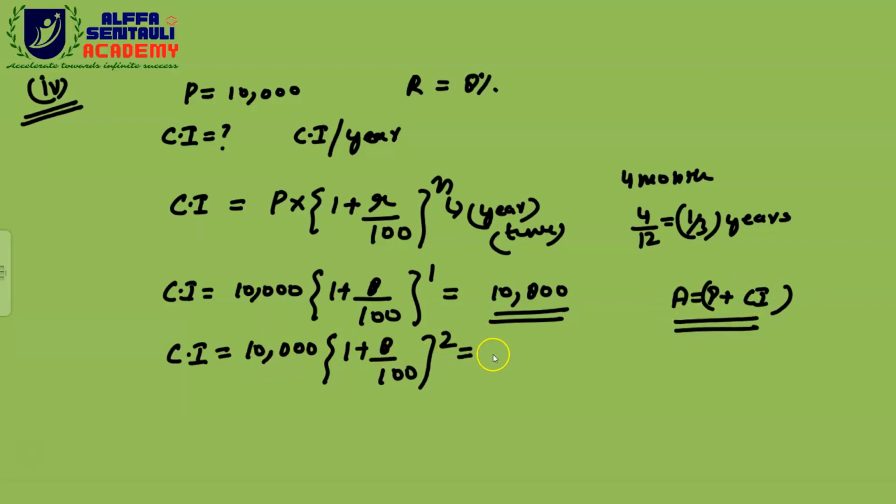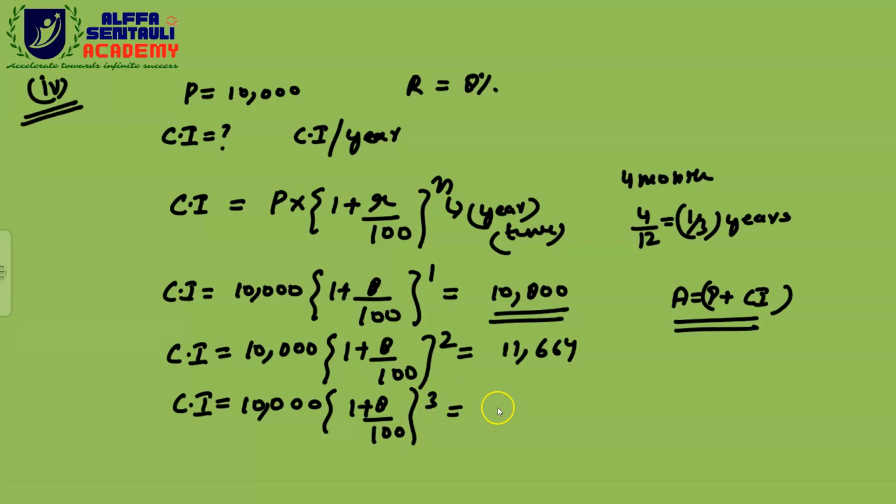Then for the second year, what should be this? Correct. Then for this, 1 plus this is what, beta? 1, 2.